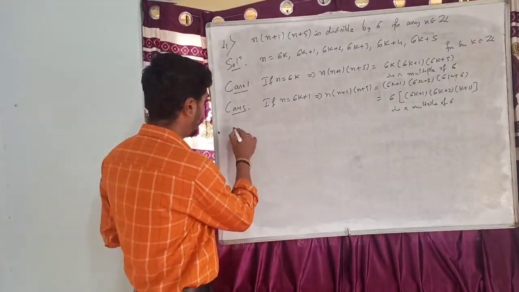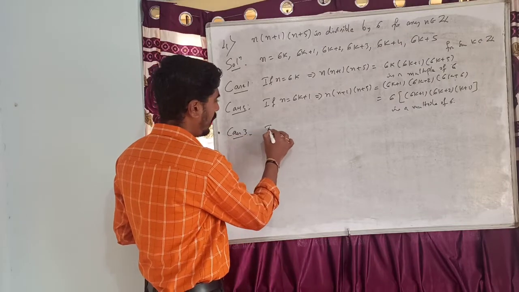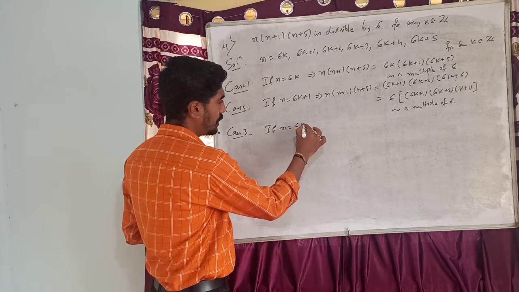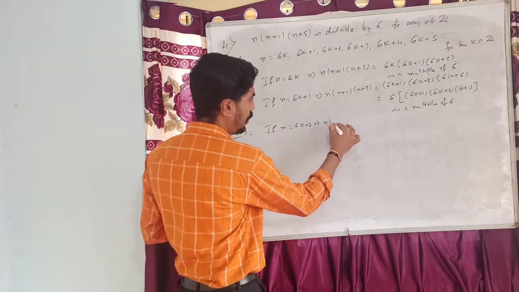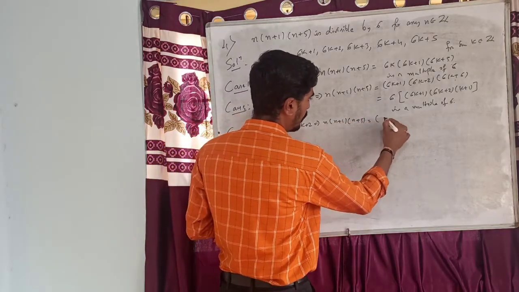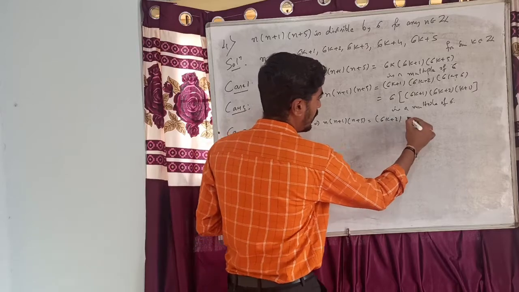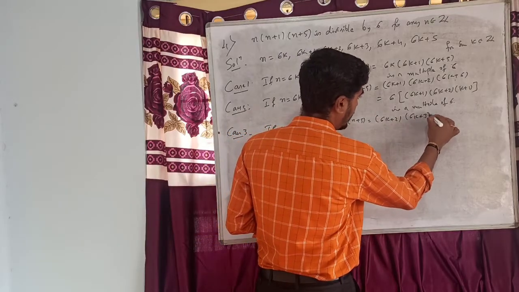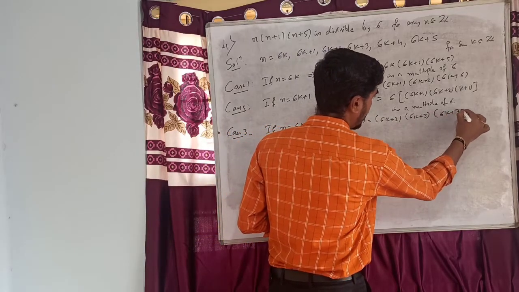Similarly, if n equal to 6k plus 2, then n into n plus 1 into n plus 5 will be equal to 6k plus 2, 6k plus 3, 6k plus 7.